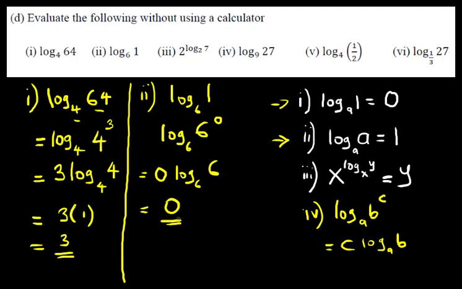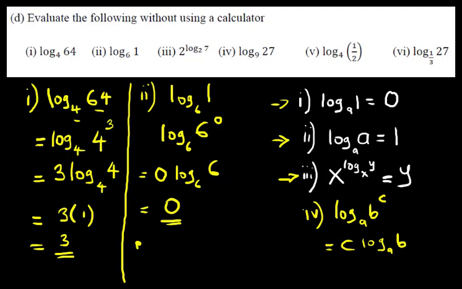And then for question 3, if you can see, it's using this third rule. And I know most of you looking at the question can already tell what the answer is just by looking at it, right?